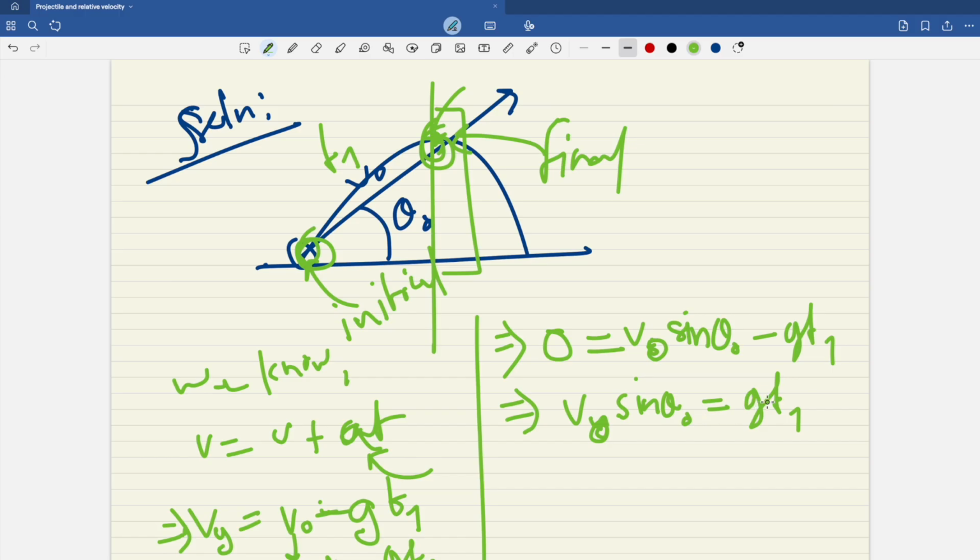So V naught sine theta naught equals gT1. So the T1 turns out to be V naught sine theta naught divided by g.